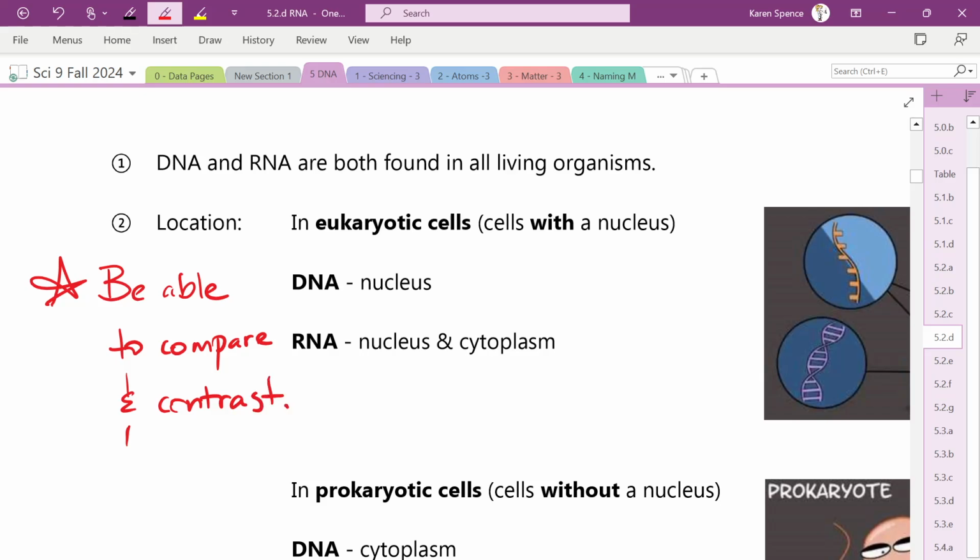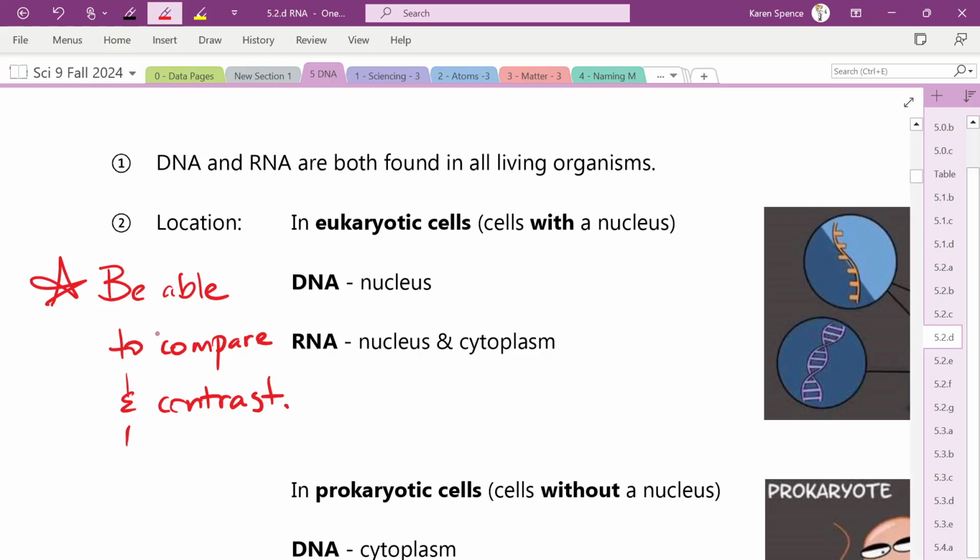What does it mean if I say compare? What does it mean if I say compare and contrast? What do I expect you to do? You're pointing out the things that are the same and the things that are different.